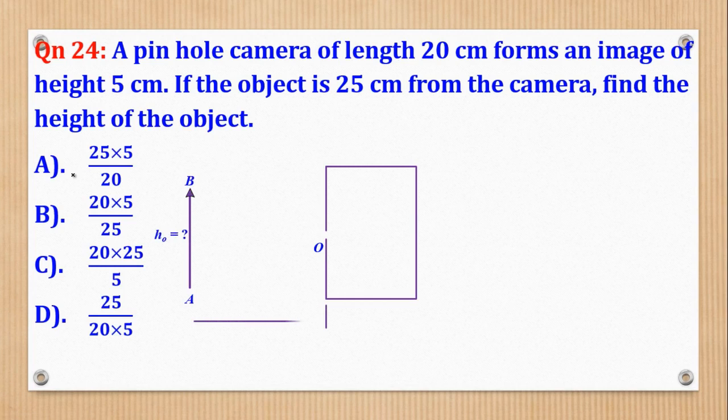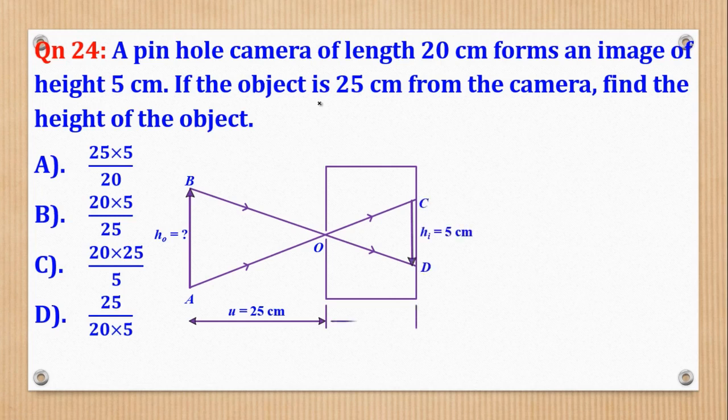We don't know its height, but the good thing is we know that the distance from the pinhole is 25. So that 25 becomes the object distance. Then we shall draw 2 rays through the pinhole, from the top and also from the bottom of the object. That means the image will now be inverted and diminished.